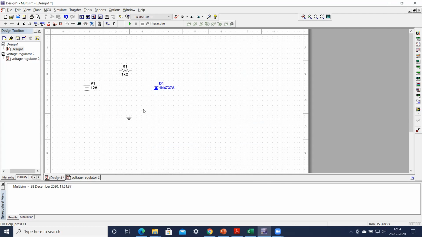In this circuit, our source can be a variable, in which the input voltage may vary from a certain minimum value to a maximum value, and our load, which is connected across or in parallel to the Zener diode, is constant. Only the input voltage is varying. In that case, the Zener diode has to provide a constant voltage across its terminals to the load.